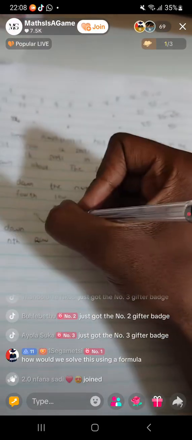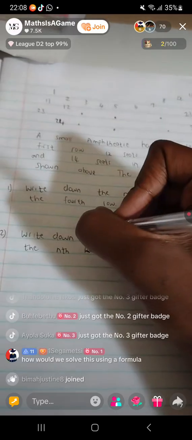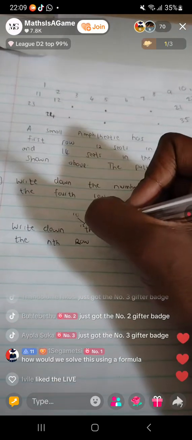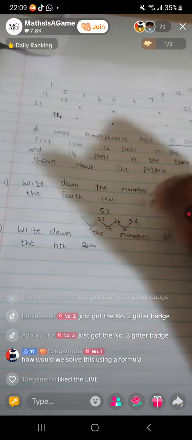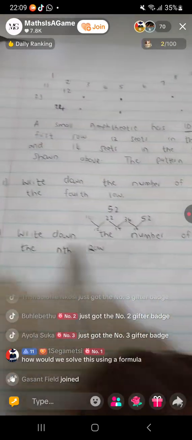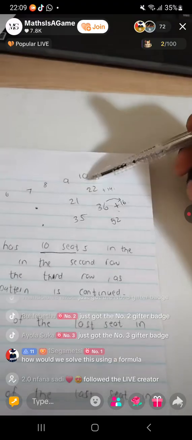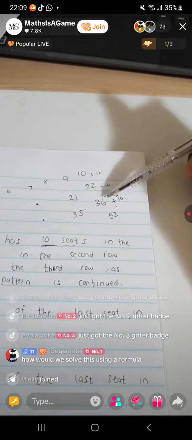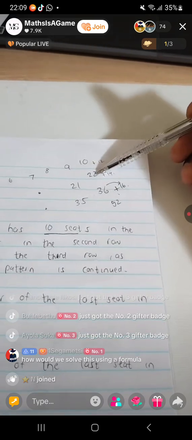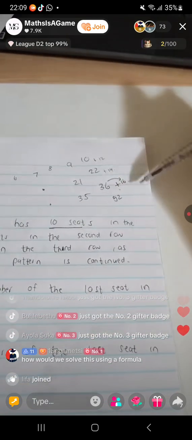Because what is happening here, our first difference is arithmetic, which would mean that there's a second constant difference for these terms, 10, 22, 36, 52.